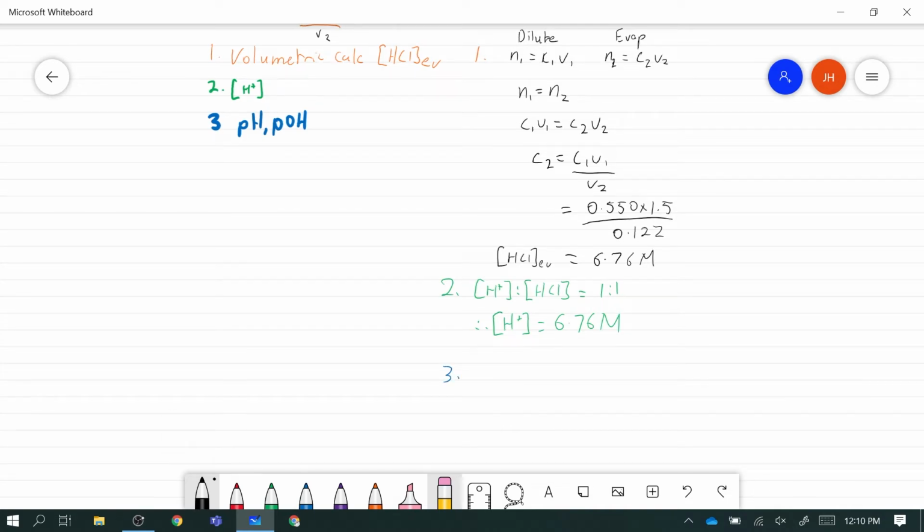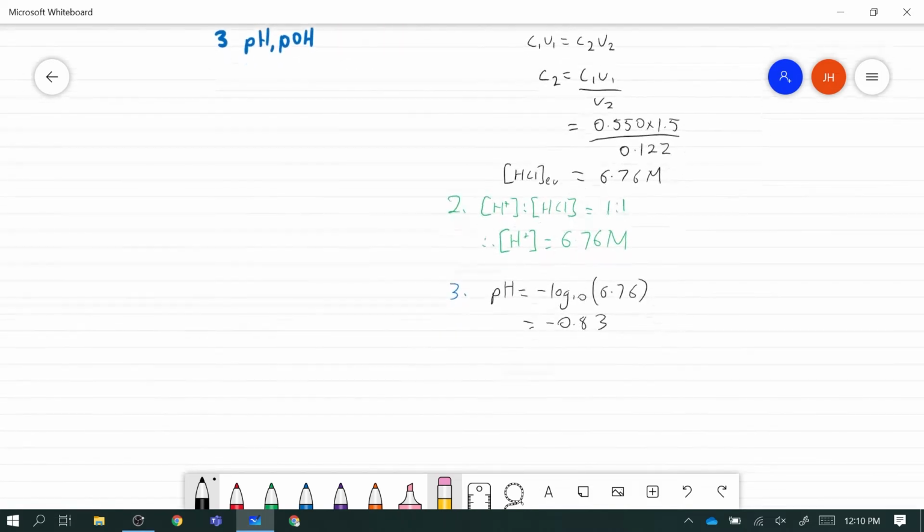what we can do is use our pH equation, which is negative log 10 of our hydrogen ion concentration, so 6.76. That's equal to negative 0.83. We can then take that a step further. We know that the relationship between pH and pOH is that they add up to 14.